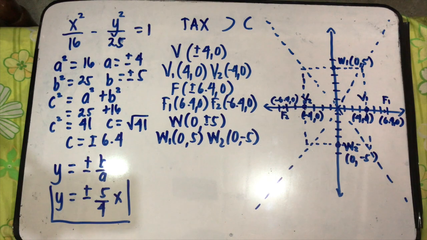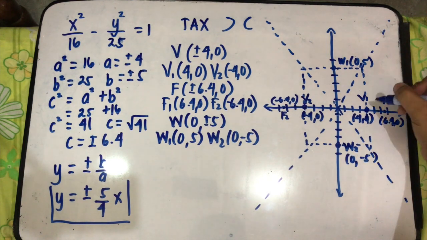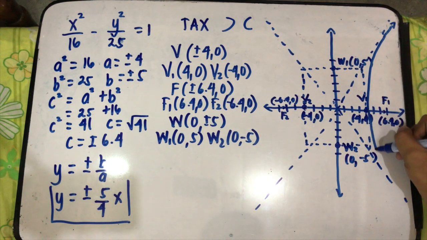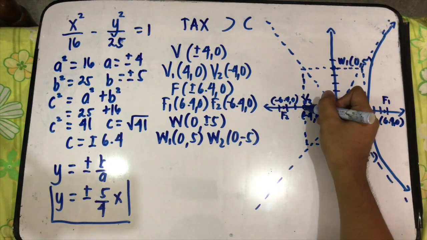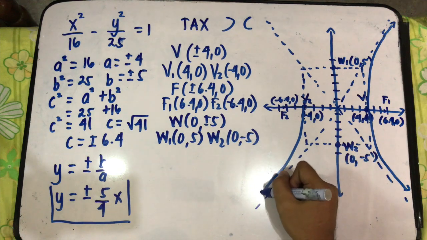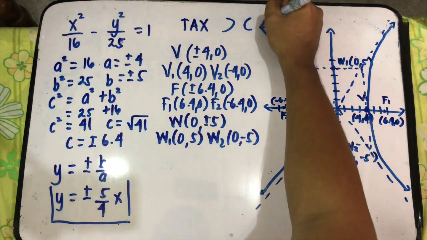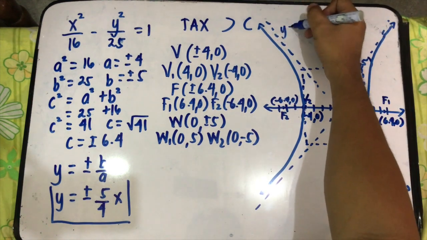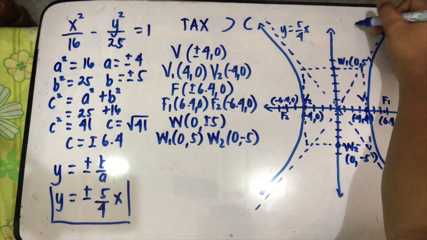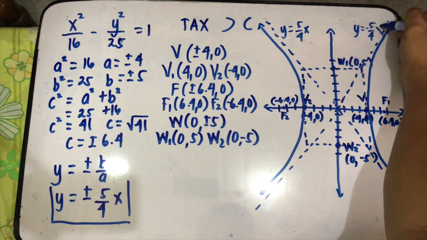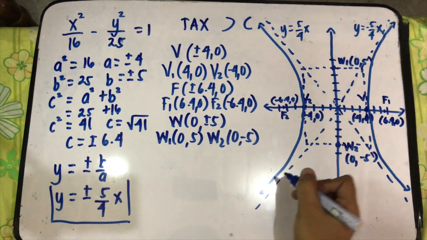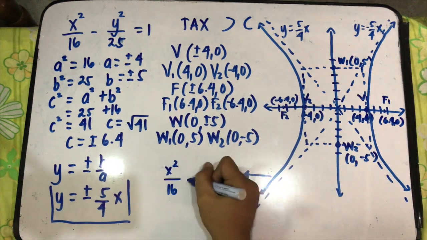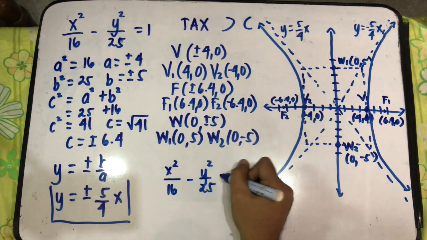Okay, so our hyperbola would be having a graph of this one. So those are the equations of the asymptotes. And this is now the graph of x squared over 16 minus y squared over 25 is equal to 1.